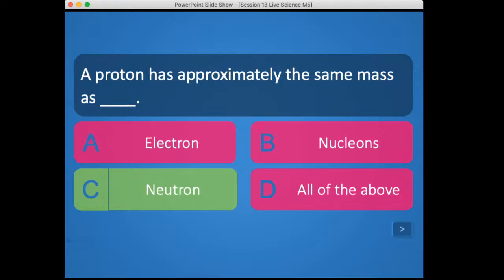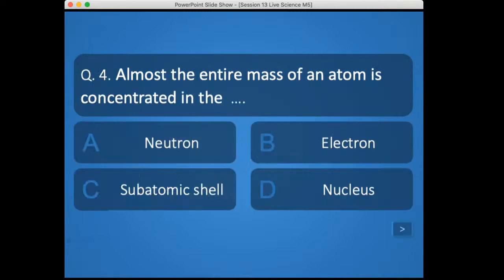Next question. Almost the entire mass of an atom is concentrated in the A. Neutron, B. Electron, C. Subatomic shell, D. Nucleus.